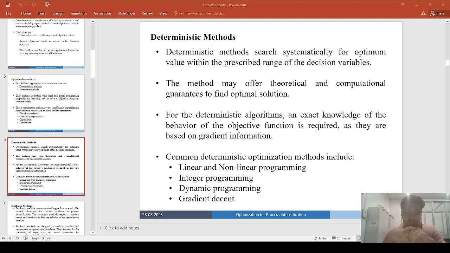So high resource utilization is to be there, but what you would get is a guarantee of hitting a certain optimal solution for a given process. For the deterministic algorithms, an exact knowledge of the behavior of the objective function is required, as they are based on the gradient information.